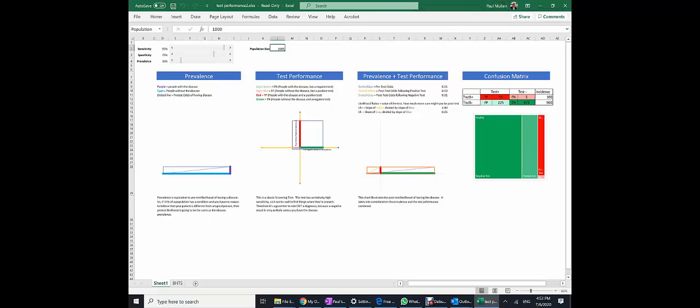Nothing changed here with the population size and nothing changed with the prevalence. You still have 100 unhealthy people and 900 healthy people. But now you only have 5 people wandering around thinking that they are healthy when they in fact have the disease. And you have 225 people wandering around worried.